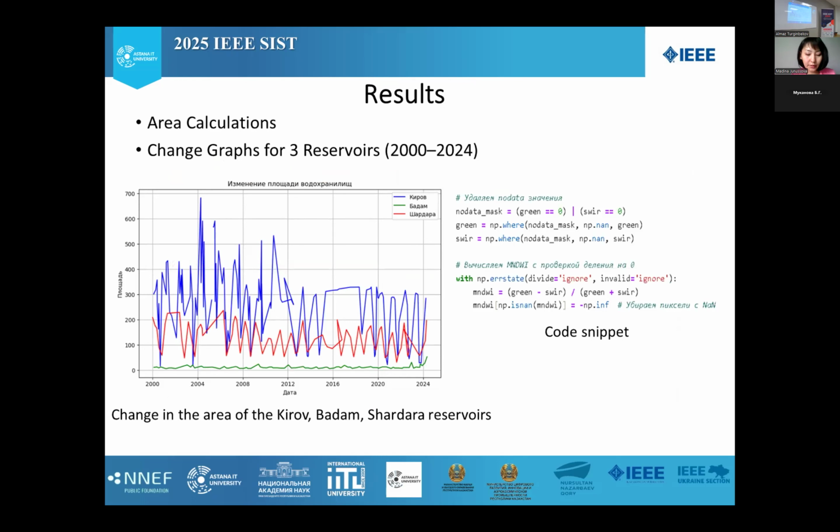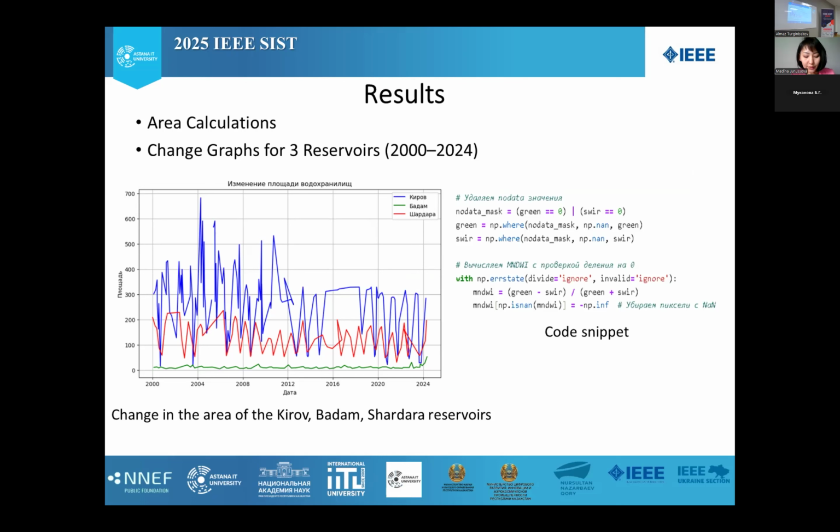Next, results. During processing, satellite images were divided by season. The water surface areas were calculated based on the MNDWI.